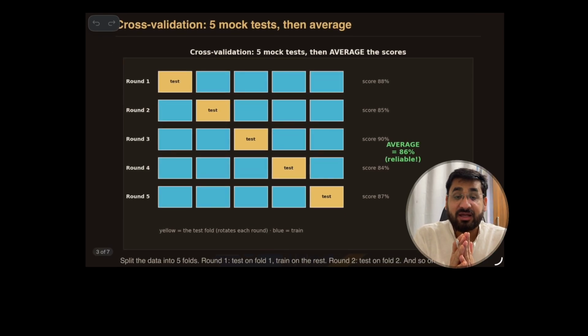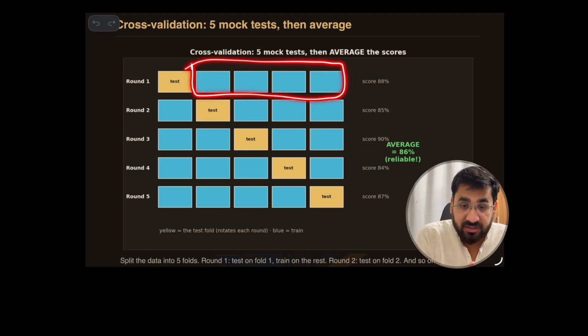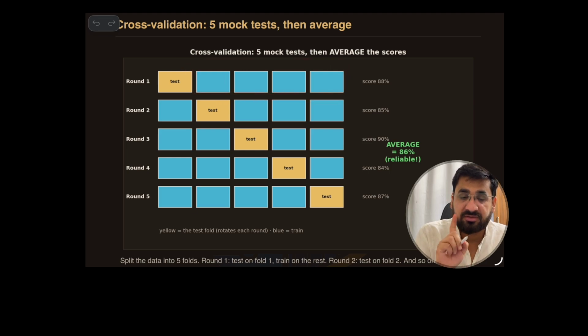So here we took 5 chunks of data, 1 2 3 4 5, and what we are doing, see, the first one is our test data, and on the remaining 4 we did the training of our model. This is round 1 and we measured the score. The score of our model came to 88%, written down.